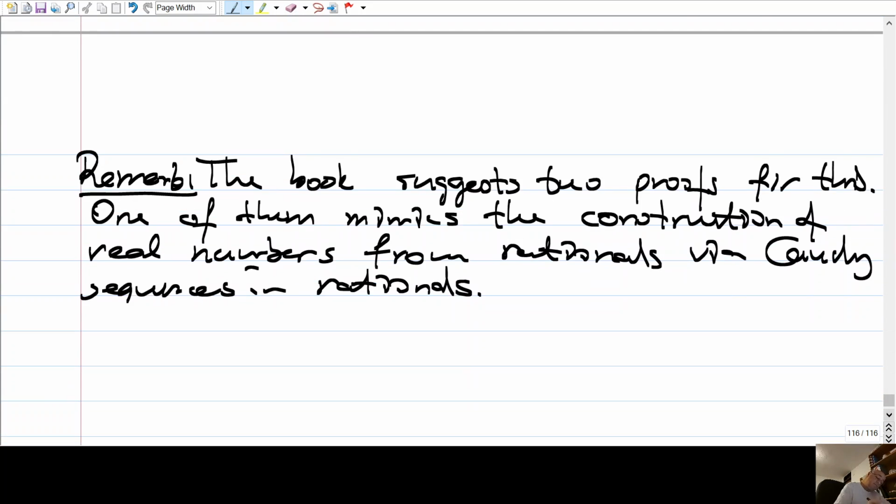It is basically this. Let me describe it here. You have, let's say, rational numbers with absolute value metric. How can we construct real numbers? Well, what we know about real numbers is that real numbers are just limits of rational sequences, right? Every real number is the limit of a sequence in rational numbers.